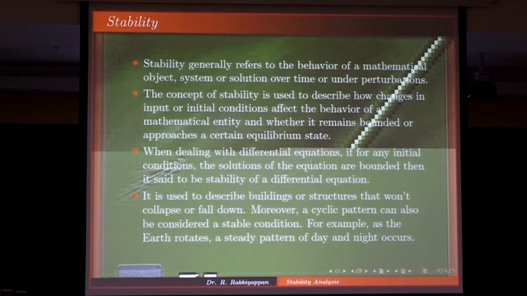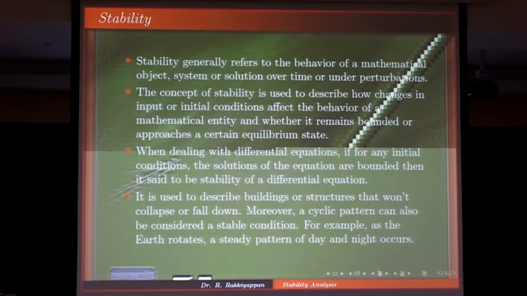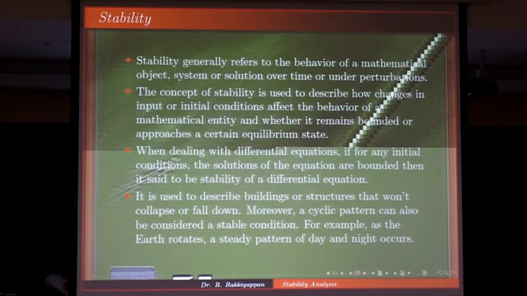The concept of stability is used to describe how changes in the input or the initial condition affect the behavior of a mathematical entity, and whether it remains bounded or approaches a certain equilibrium state. When dealing with differential equations, either ordinary or partial differential equations, the stability issues depend only on the initial conditions.